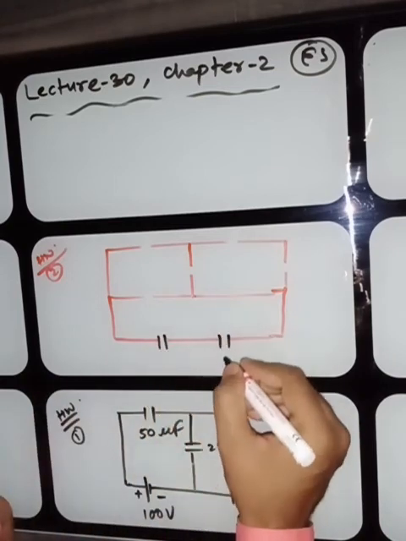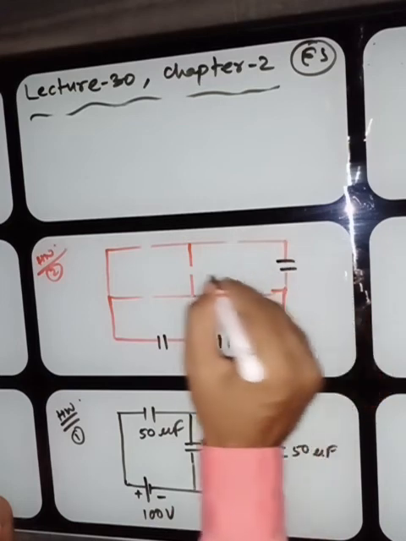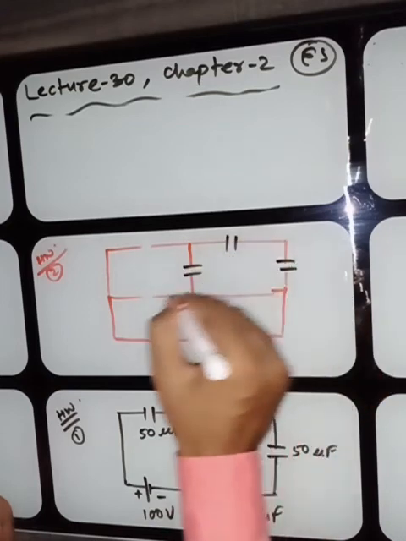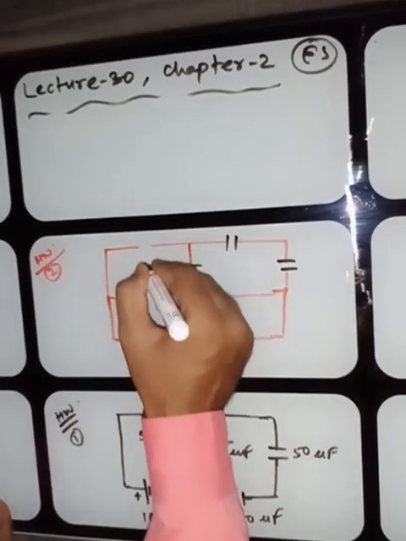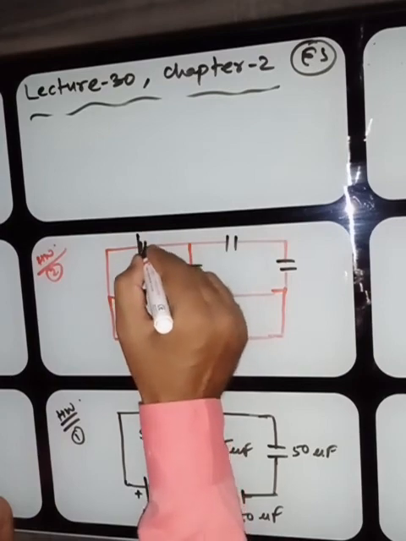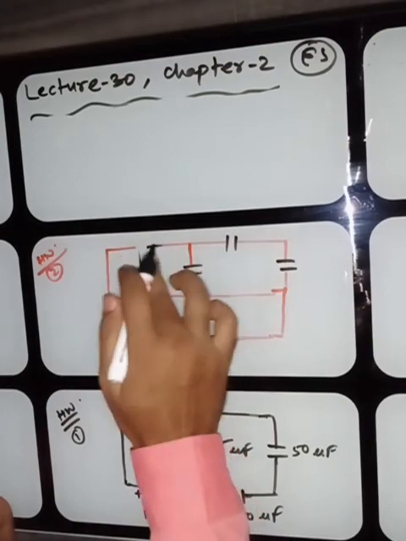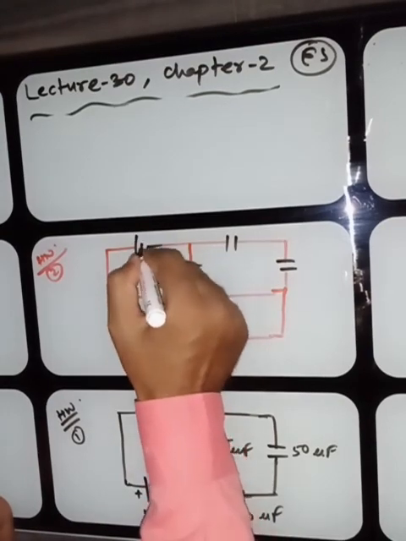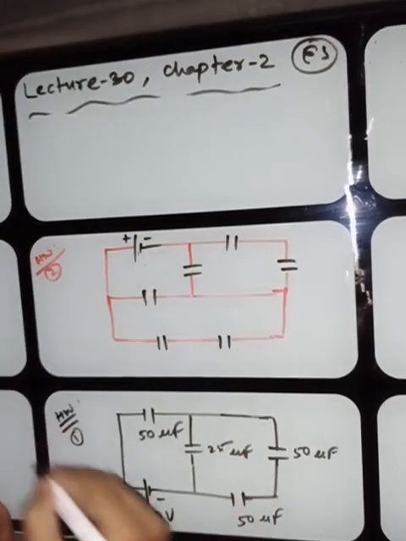Capacitor, capacitor, capacitor. This is also a capacitor, capacitor, capacitor, and a battery. This is the positive terminal and this is the negative terminal.